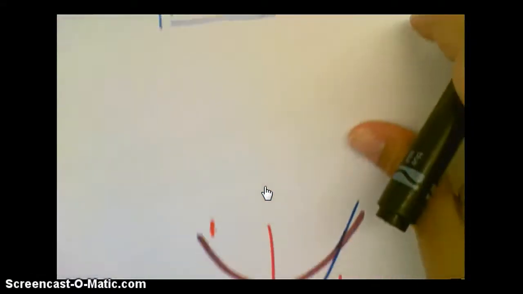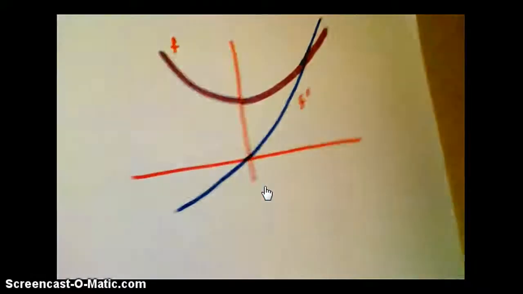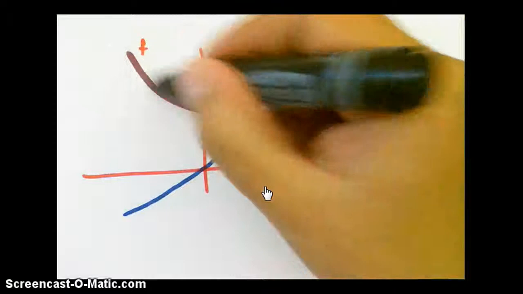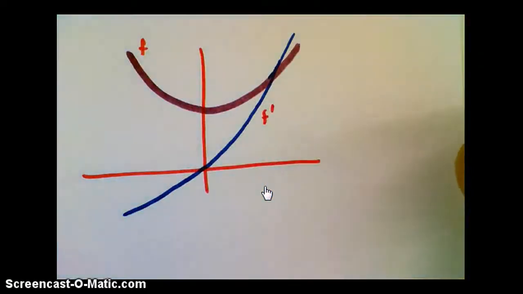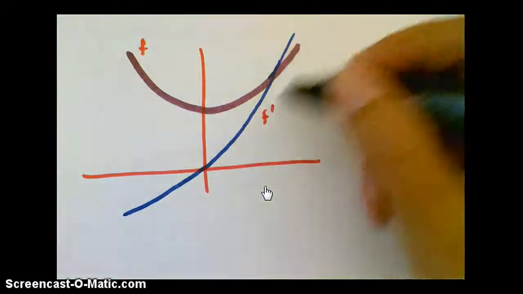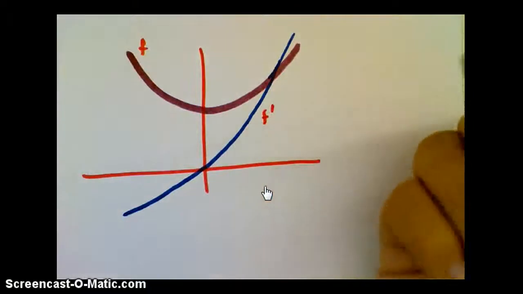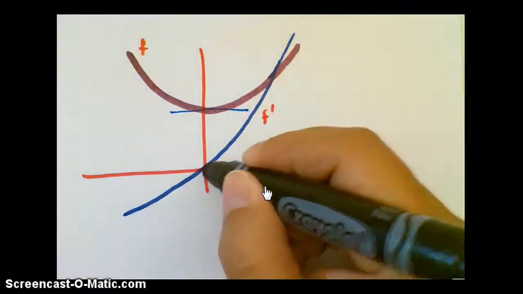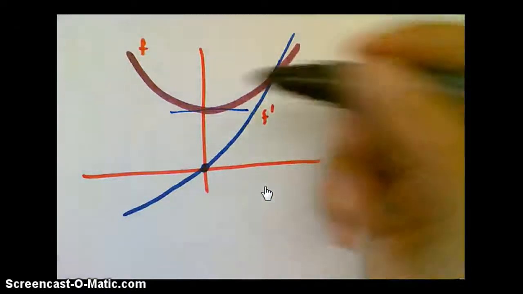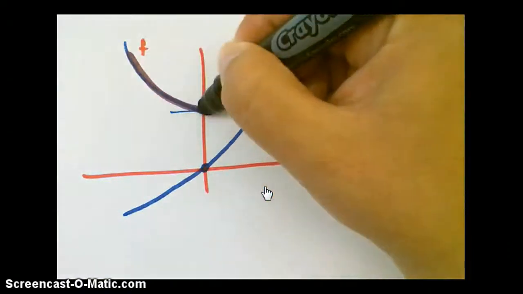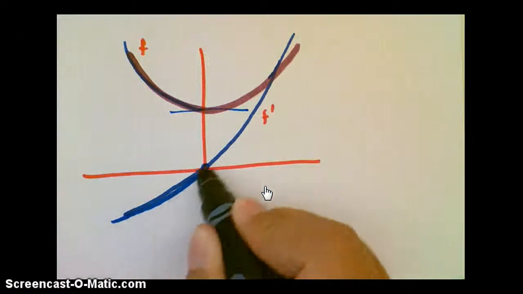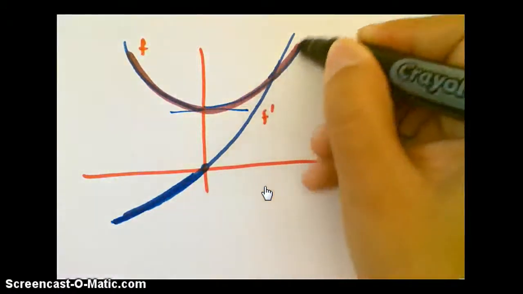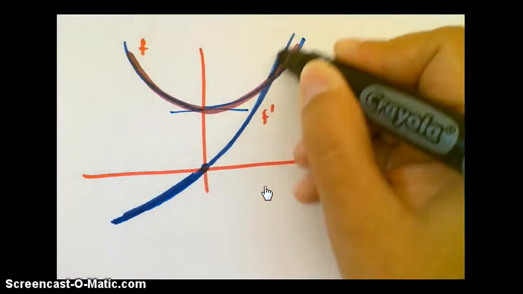Graphically, this is f. The graph of f is here in purple, and the graph of f prime is there as well. The only thing you have to remember is that when the slope is 0, the graph of the derivative will cross the x-axis. The function is decreasing on this side, which is why f prime is negative, and f is increasing on this other side, which is why f prime is positive.